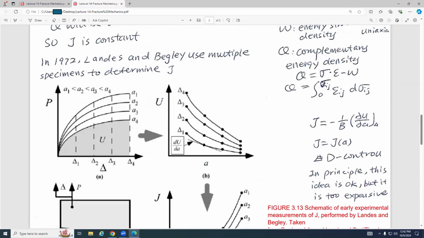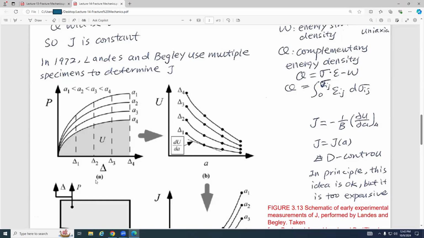This is the crack length, and the crack length is changing. For the different specimens, I suppose nominally they are made of the same materials, but each specimen has a different crack length.